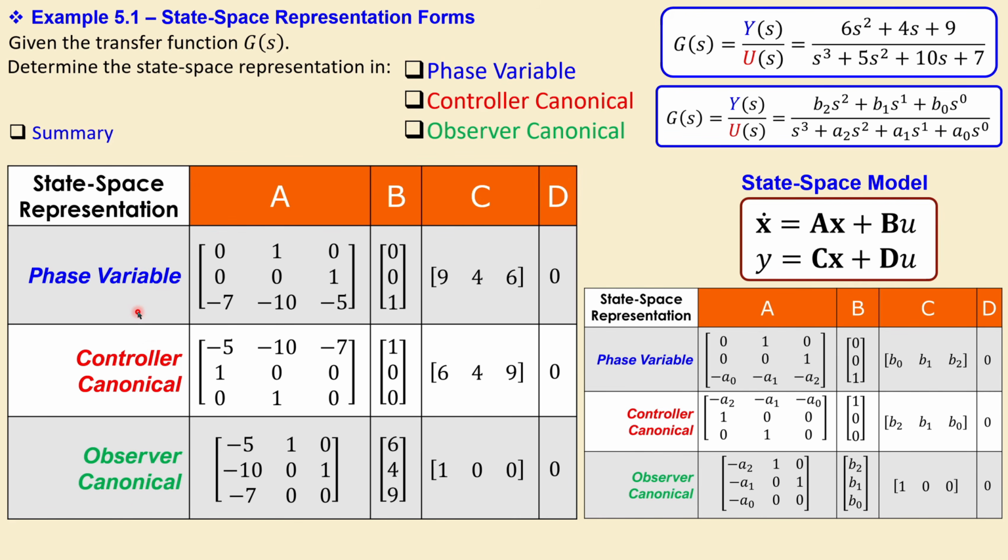All right, this is for this example 5.1, and this also concludes this whole discussion about the state space modeling using different representations, and also some examples using the RLC circuit and the mechanical systems. I hope this gives you a general idea why we do this state space modeling.